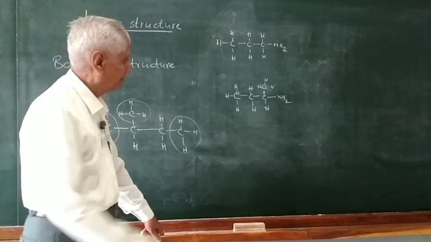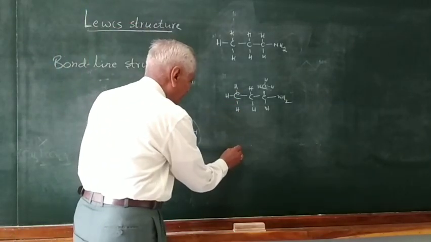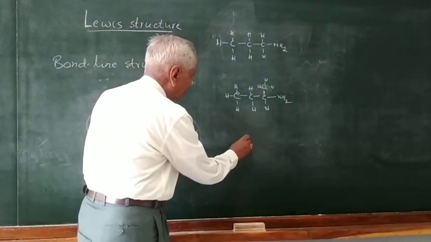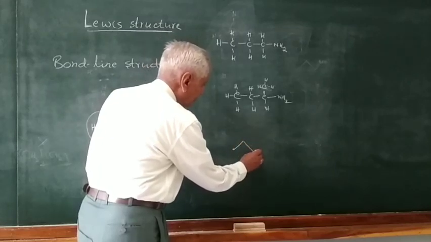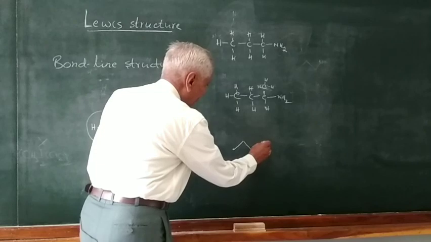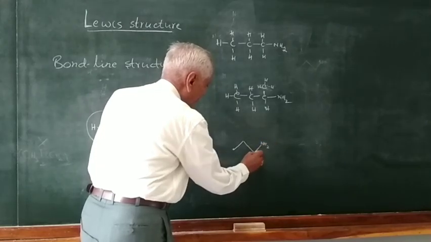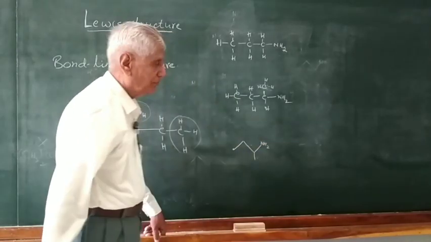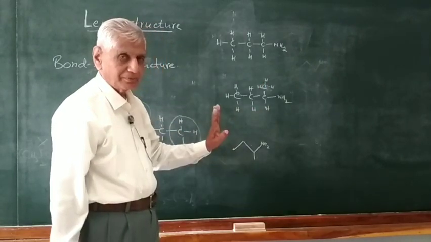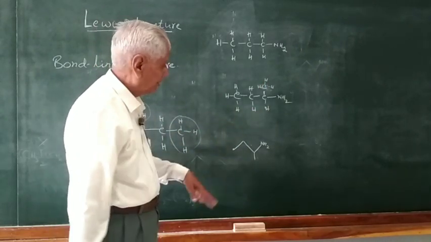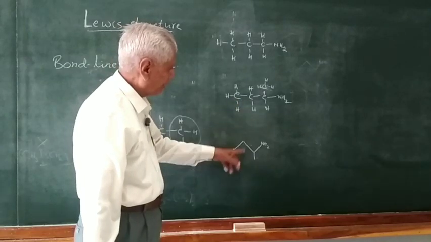Calculate triple. One carbon, you start here. CH2, CH, and NH2, CH3. Here is CH3, add CH3, put the line here. So, this is the bond line structure for this.